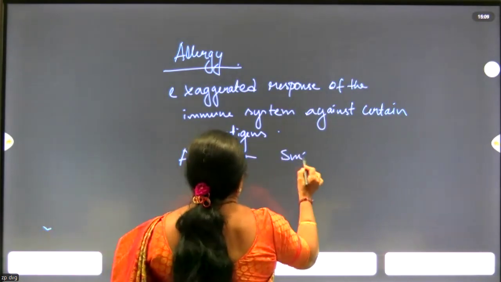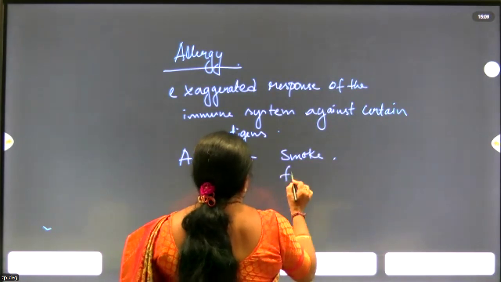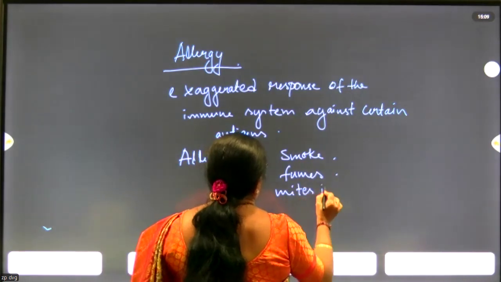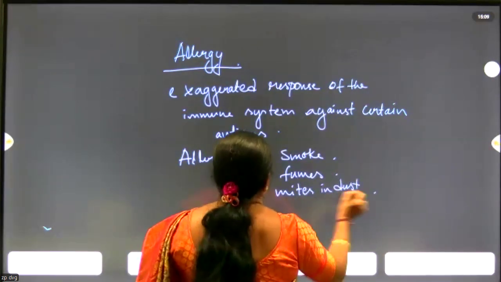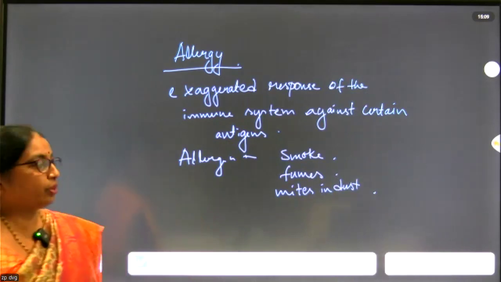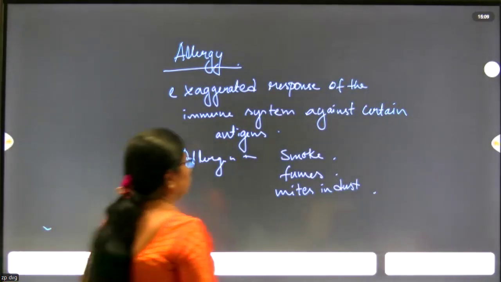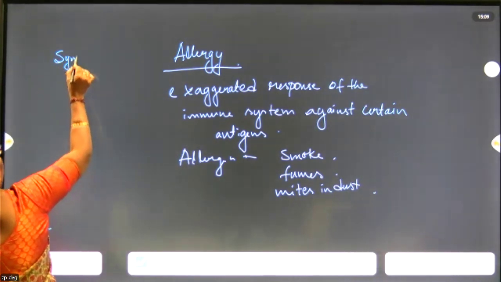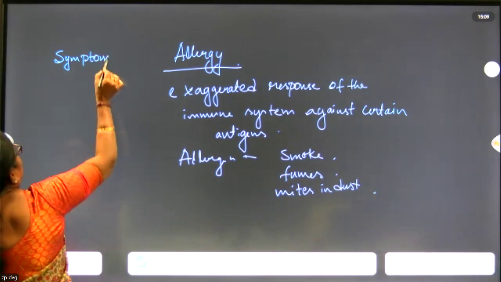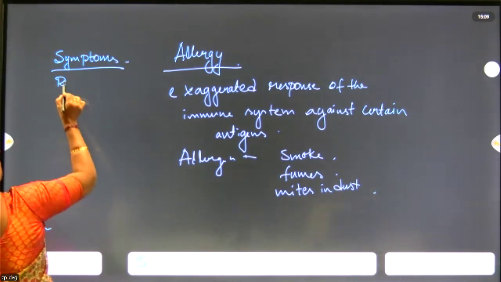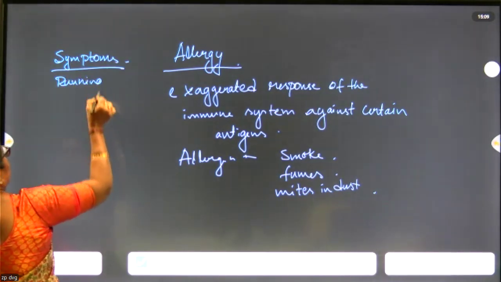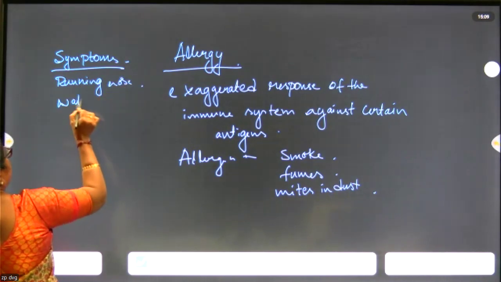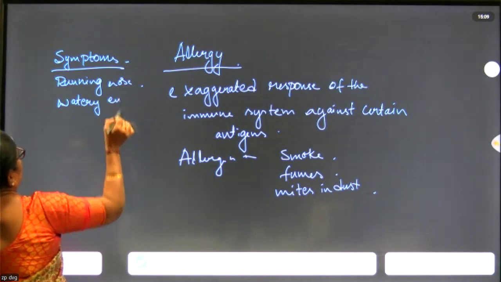Smoke, then fumes, mites in dust, all these can be called allergens. Some of the symptoms of allergy are running nose, watery eyes, sneezing.